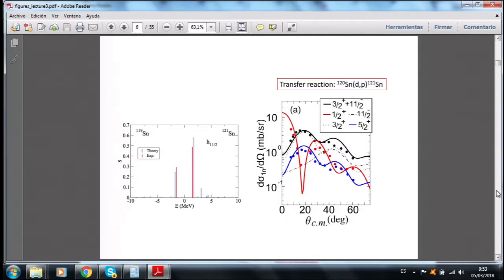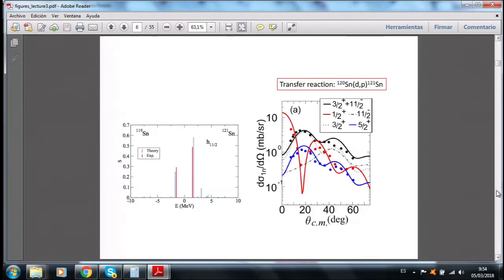Here you see the population of other different states, the 1/2 plus, the 3/2 plus, and the 5/2 plus. All these dots are data, and all the lines are calculations done by DWBA, using the spectroscopic factors we have obtained from this calculation. So you see that an overall description is obtained.